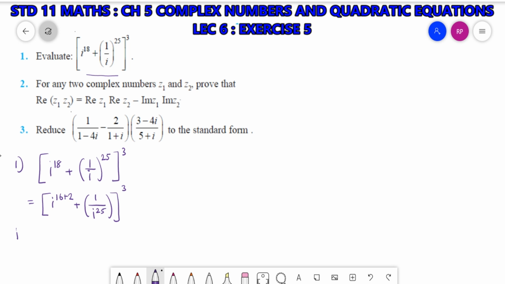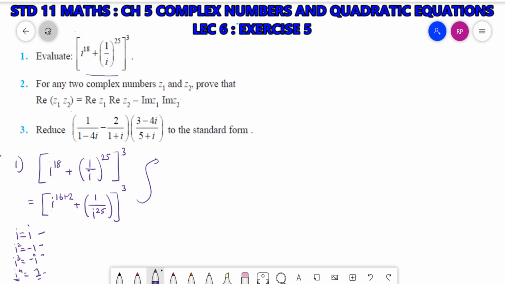Now we know that i equals i, i square is minus 1, i cube is minus i, and i raised to 4 equals 1. Then we are repeating i raised to 5, 6, 7, 8. So i raised to 16, that is a multiple of 4, equals 1, into i square.